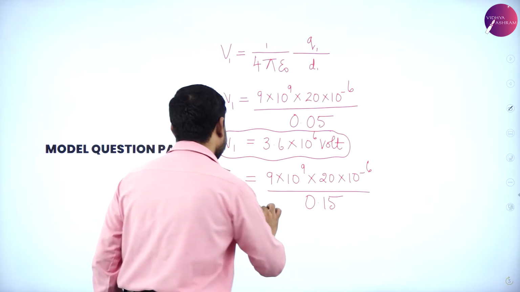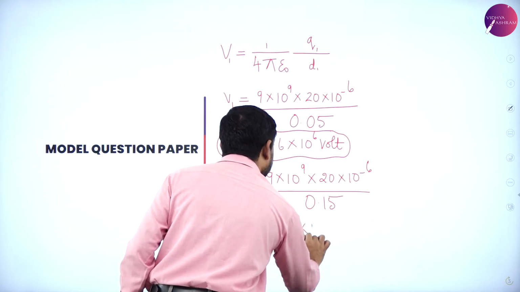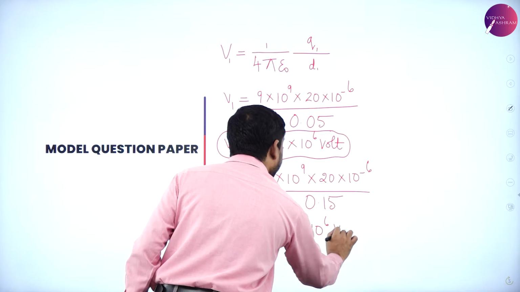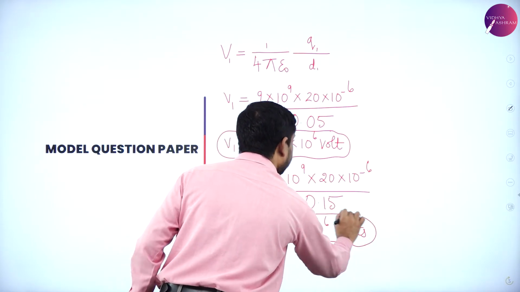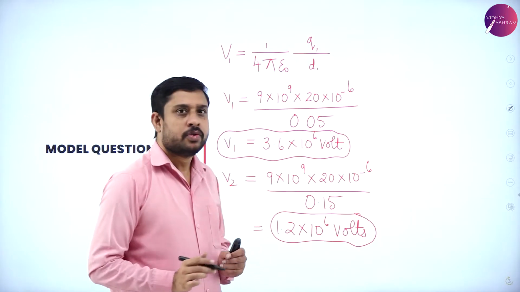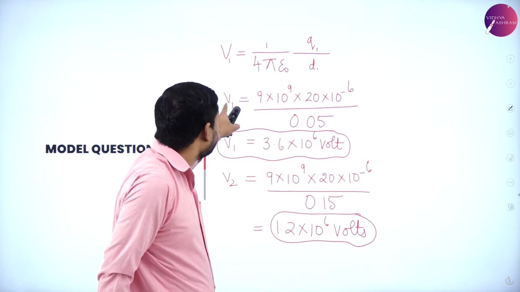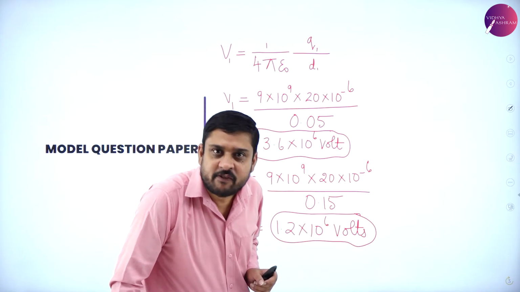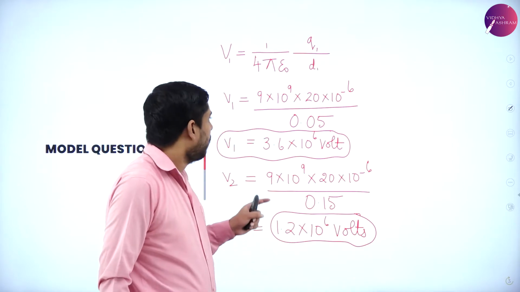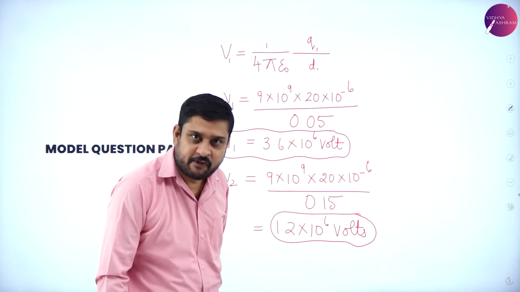And again on simplification, this is 1.2 into 10 power 6 volts. So I have calculated the potential at the point A, which is V1, and the potential at the point B, which is V2.